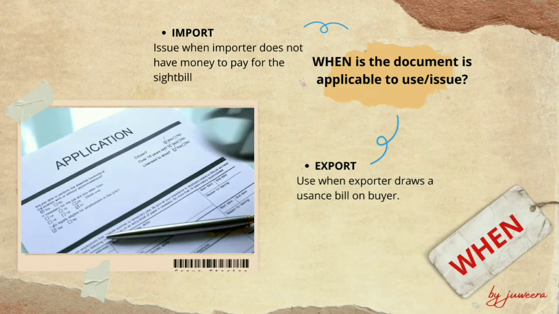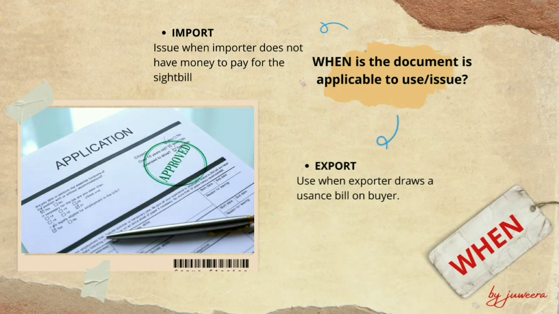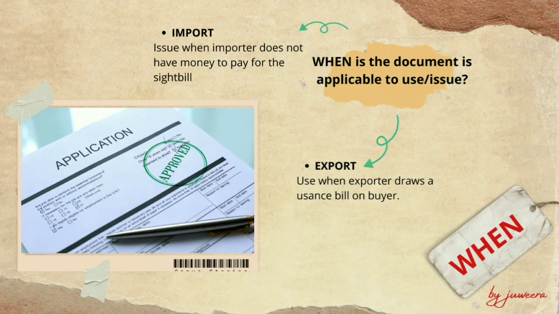If the bank is satisfied that the documents are in order and the BA complies with the terms and conditions of the acceptance credits, it accepts the BA. After acceptance by the bank, the BA is discounted and the proceeds are used to discharge the sight bill.